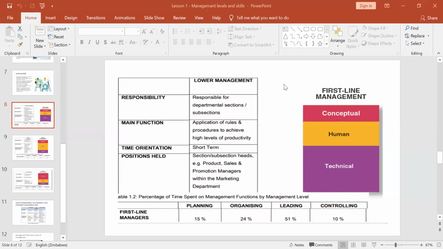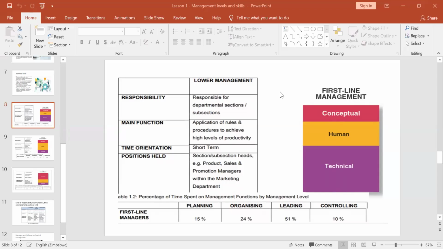So if we look at the first line manager, the foreman, the supervisor, as much as they need the conceptual and the human skills, they actually need the technical skills more because their main task is to supervise the actual work being done.